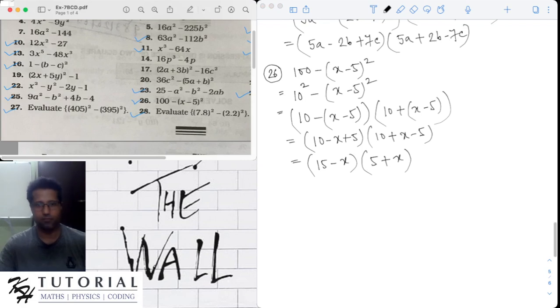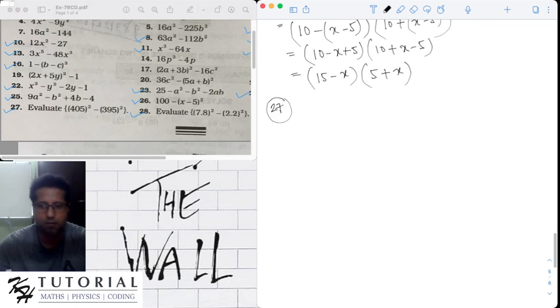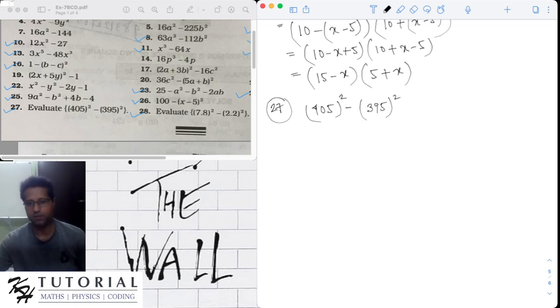So in 27 and 28, we are asked to evaluate some given expressions by using the concept of factorization. So 27, we have to evaluate 405 square minus 395 square. So this is a difference of two squares.